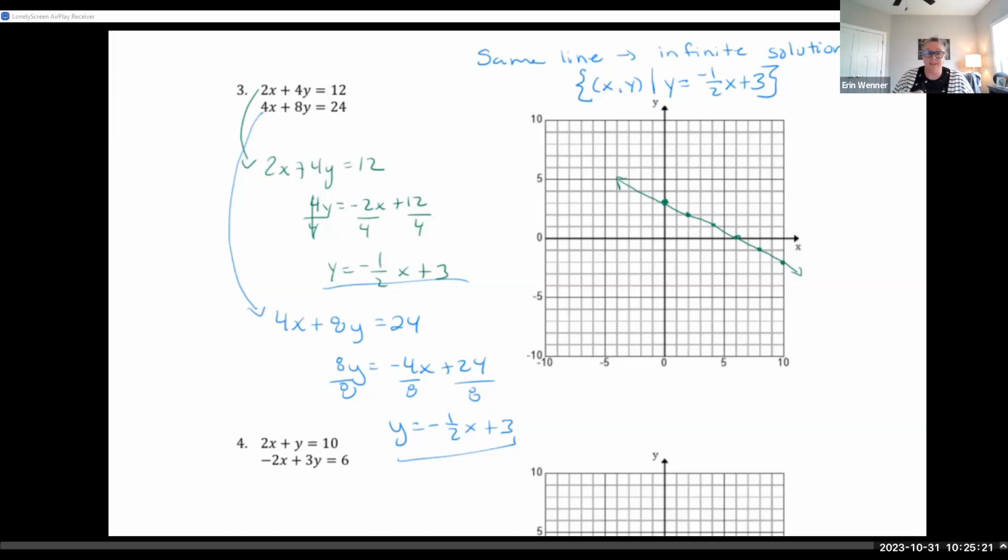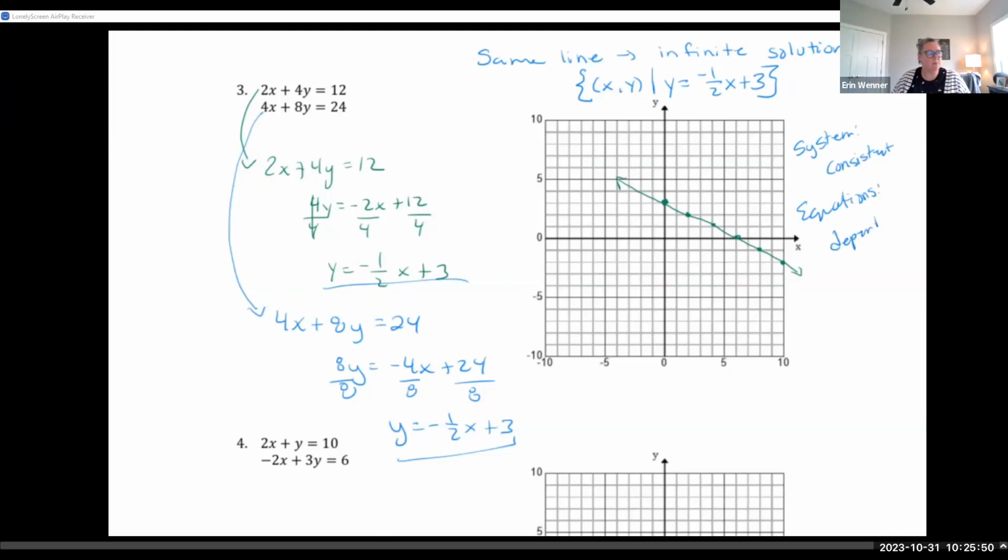Now, when we talk about the system of equations, the system is consistent because we have at least one solution. But with the equations, because they're the same one, we can say that one is a multiple of the other one, and therefore they are dependent.